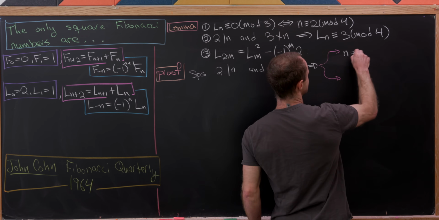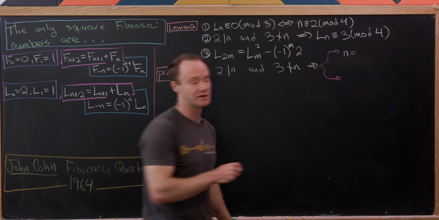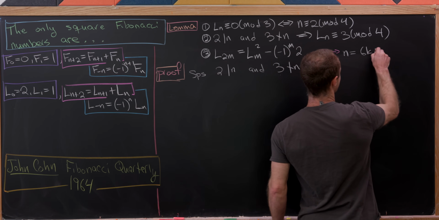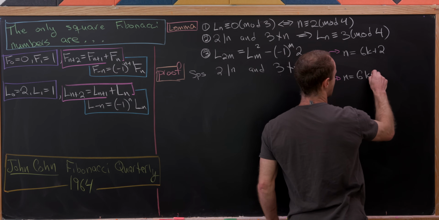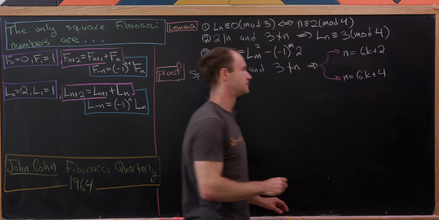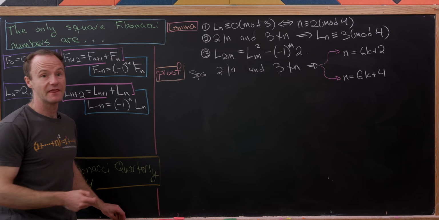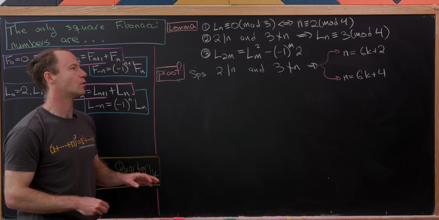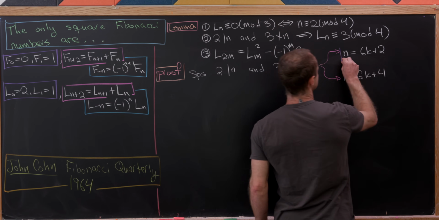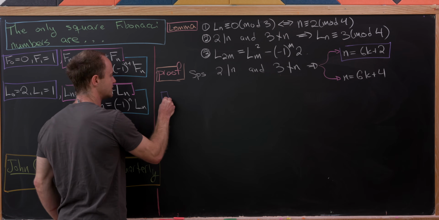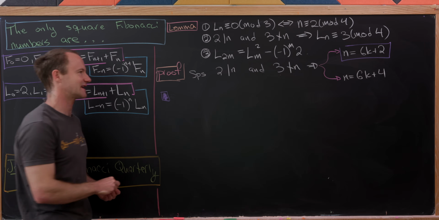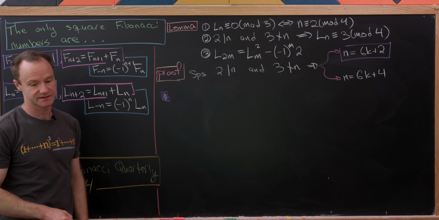The first of which is n is equal to 6k plus 2. The other one is n is equal to 6k plus 4. But that's all we get. And then from here, we'll look at these one case at a time. So let's say this is our first case when n is 6k plus 2, and I'll likely leave the second case as a homework exercise.